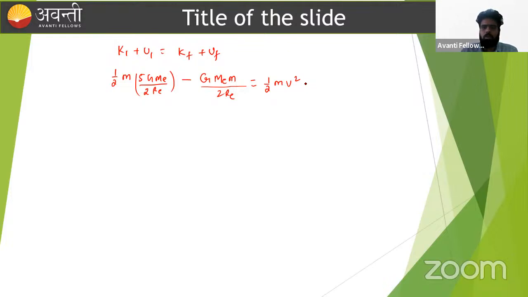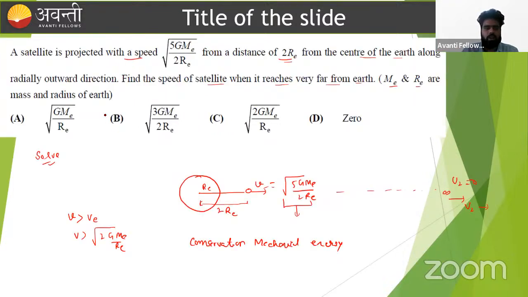What is the final potential energy? It is G M1 M2 upon R. If you put R as infinity, this becomes 0. So small m cancels out, and if we solve this, v becomes under root 3 GME upon 2 RE. Which option is correct? Option B is the right one. I hope this is clear.